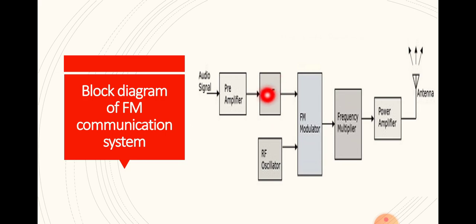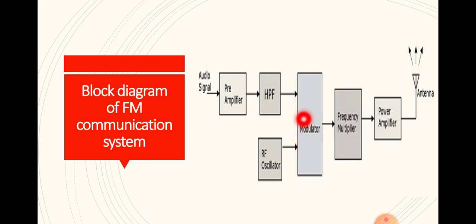The high pass filter passes the higher frequency components and applies them to the FM modulator. Similarly to the previous one, the RF oscillator is nothing but a carrier wave generator. Why? Because in any modulation system, the carrier is used to carry the modulating signal.